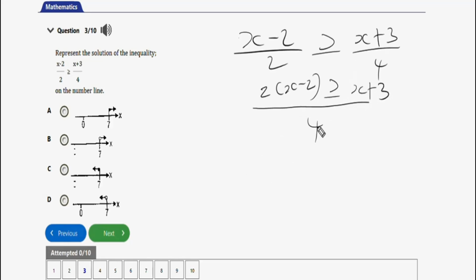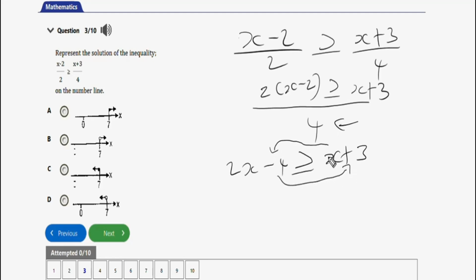So when you simplify at this juncture, you don't need this denominator again. Okay, it has served its purpose. So now let's simplify what we have at the numerator. We now have 2x minus 4 is greater than or equal to x plus 3. So we want to make x the subject formula, right? So this entails this x will come over to this side and this negative 4 comes over to this side.